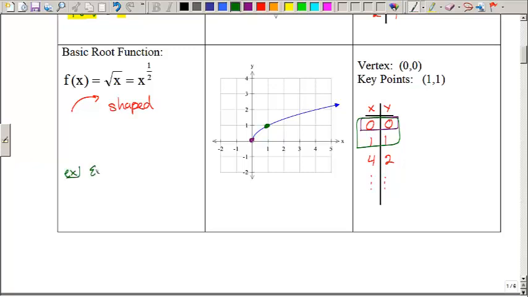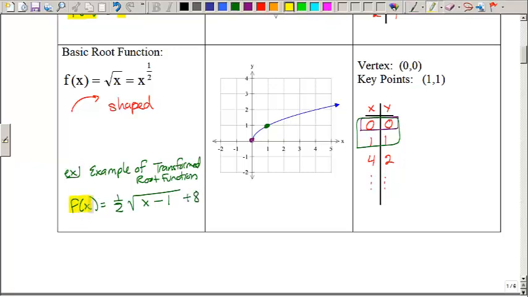An example of a transformed square root function would be f of x is equal to 1/2 times the square root of x minus 1, plus 8.